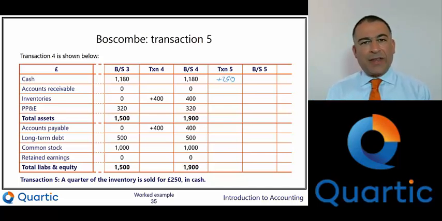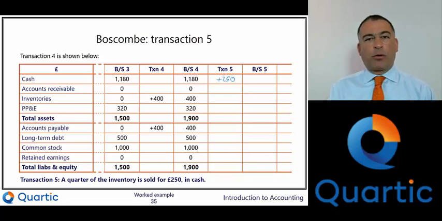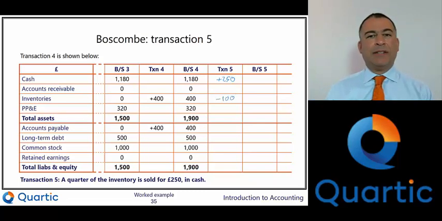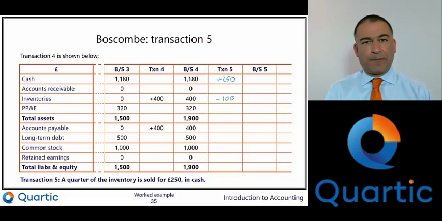A quarter of the inventory. Now think about this. How much inventory do we have? We have 400 of inventory. A quarter of that is 100. So we are getting rid of 100 of the inventory. That's reducing from 400. That's going to go down by a quarter, which is 100, and it's going to leave us with 300 inventory. Now, that doesn't balance.